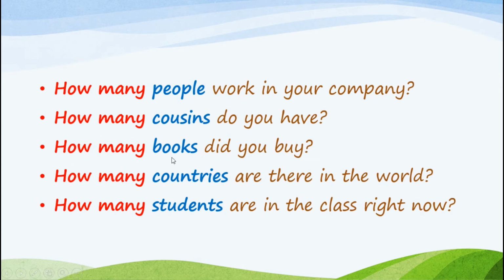How many books did you buy? Books is the plural noun for book. How many countries are there in the world? Countries is the plural noun for country. And how many students are in the class right now?